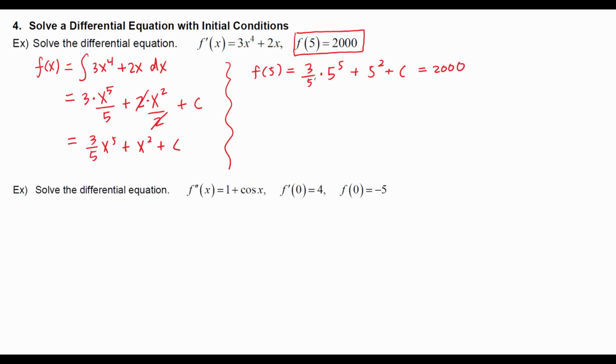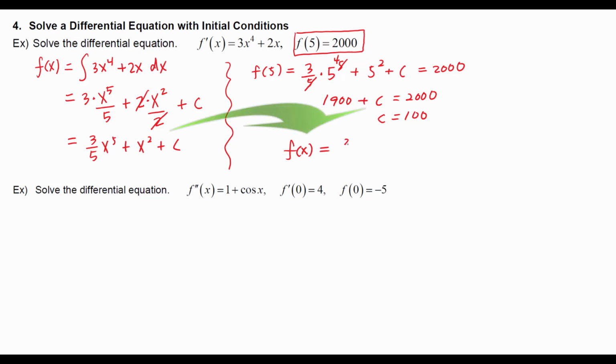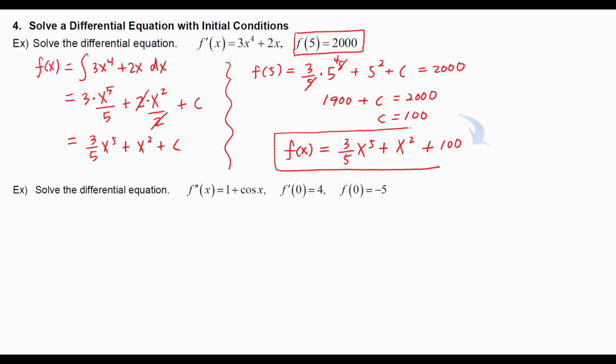That's given. With the 5s, one of them cancels, so this becomes power 4. And when you calculate this, you get 1900 plus c equal to 2000. So you can see that c is 100. So I just solved my f of x, and my f of x is 3/5 x to the 5th plus x squared, and my c is 100. So I got a particular solution.